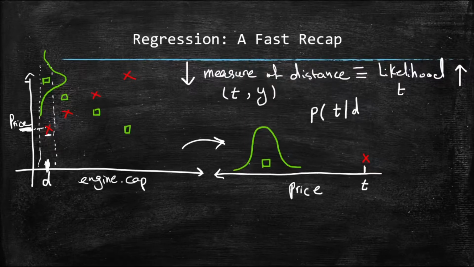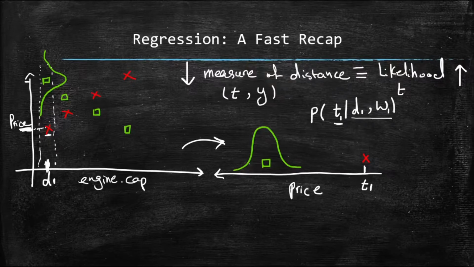Given my input, say D1, and the ground truth, let's call it T1, given my first input, and W1, all the weights in my neural network, how likely is it that this particular ground truth could be generated by my network?